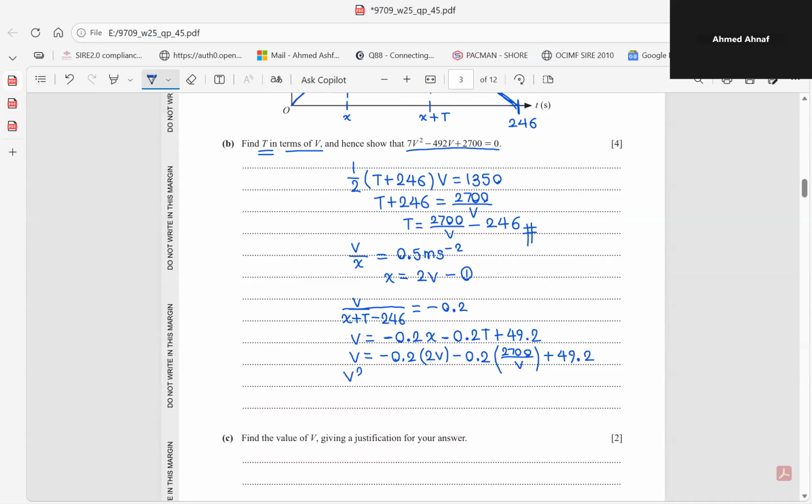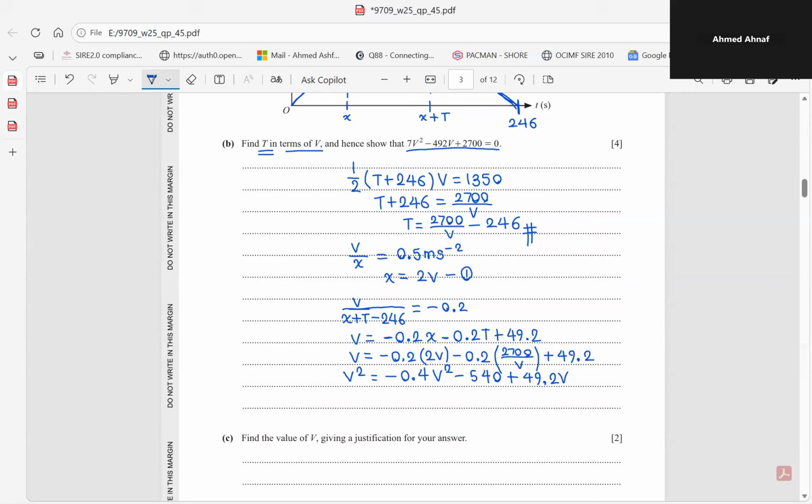So v squared minus 0.4v squared minus 0.2 times 2700, minus 540, plus 49.2v.